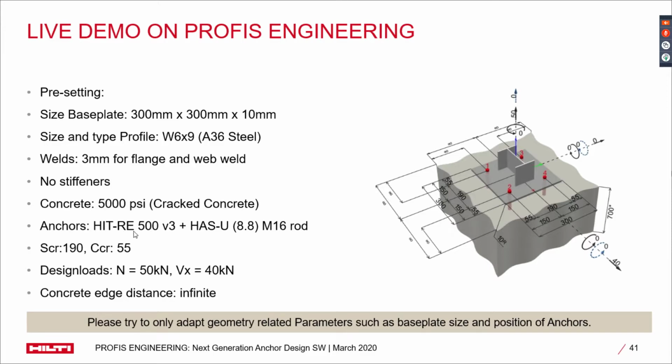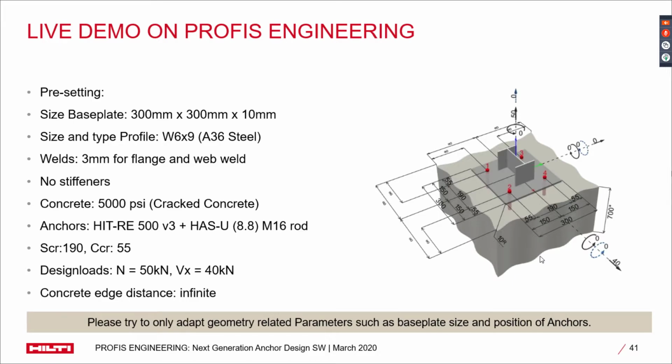Anchors will be using a Hilti product, HIT-RE 500 V3, which is an adhesive type of anchors, plus 4 HAS-U 8.8 rod. 8.8 is the capacity of rod. The spacing between anchors is 190. Edge distance, or the center of the anchor to edge of base plate, is 55. The design load is 50 tension and 40 shear.